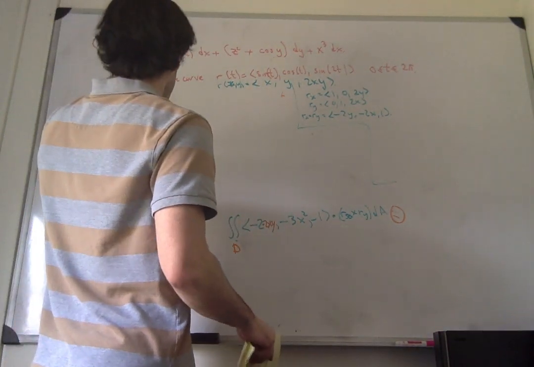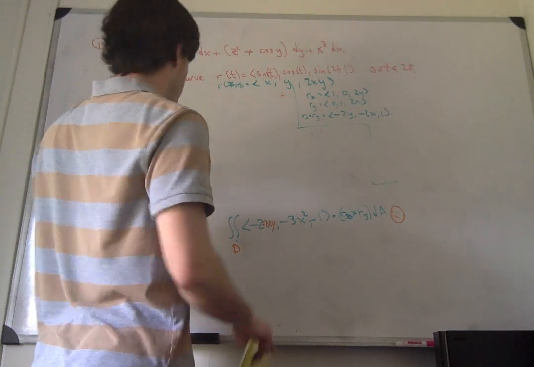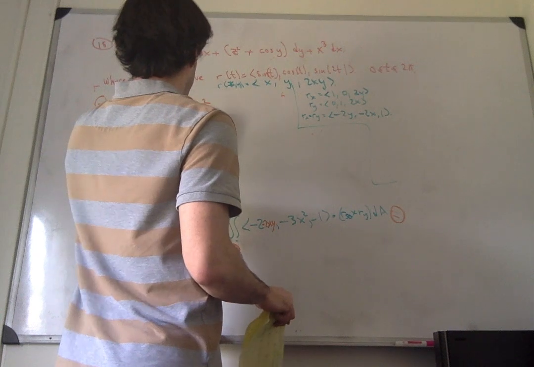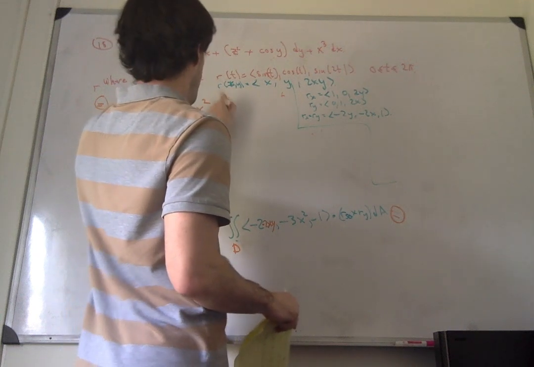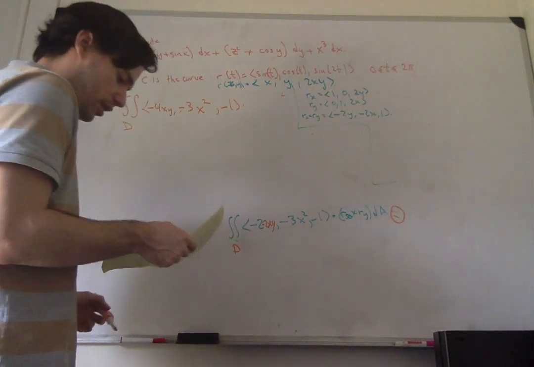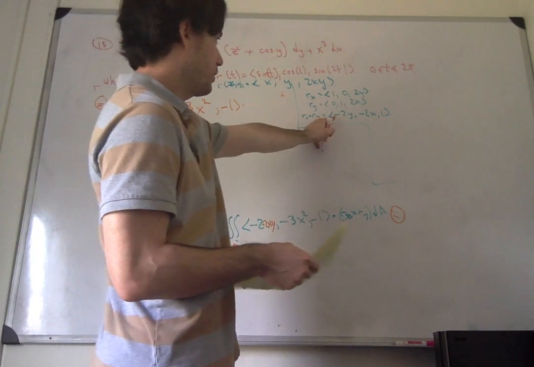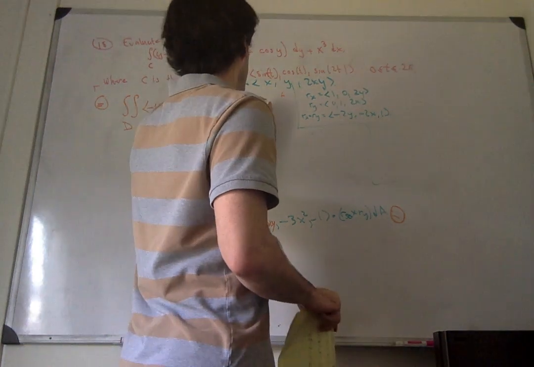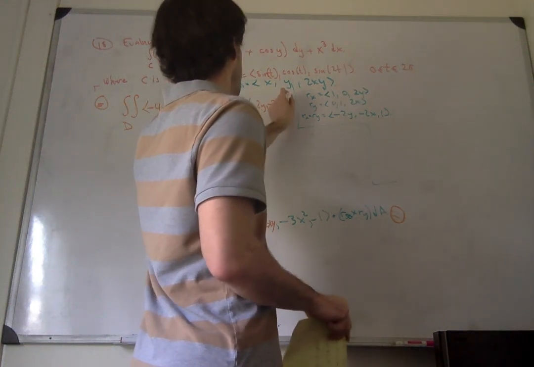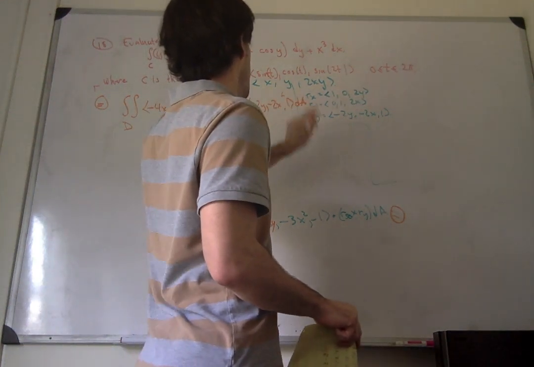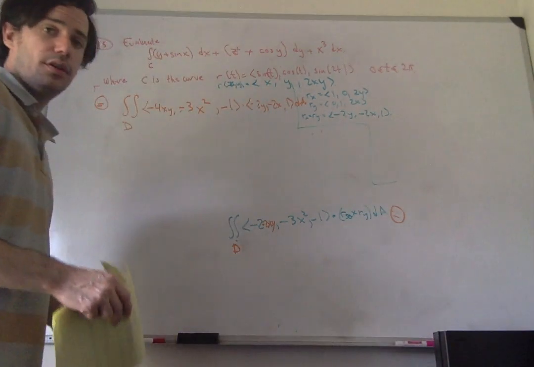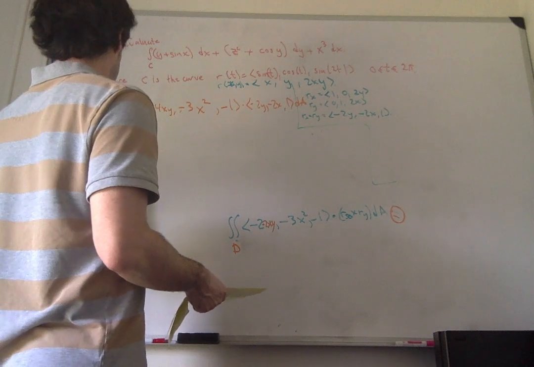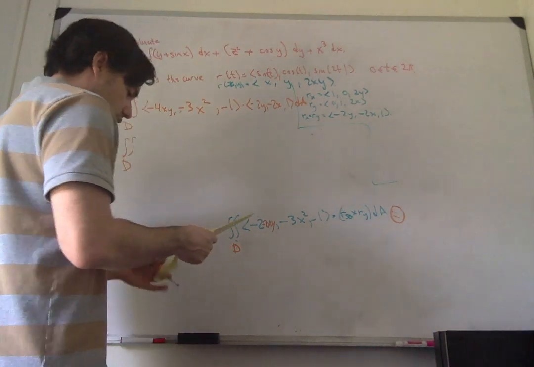So this will be negative 4xy and negative 3x squared minus 1 dotted with this right here, which I just found, so negative 2y, negative 2x and 1 dA. Okay, so let's go ahead and clean things up, compute the dot product.